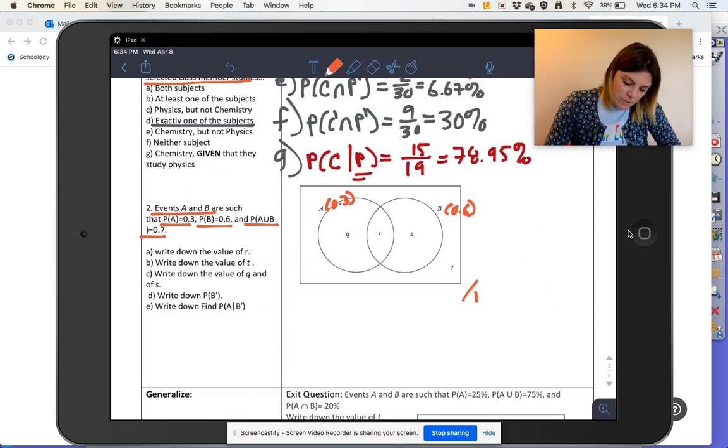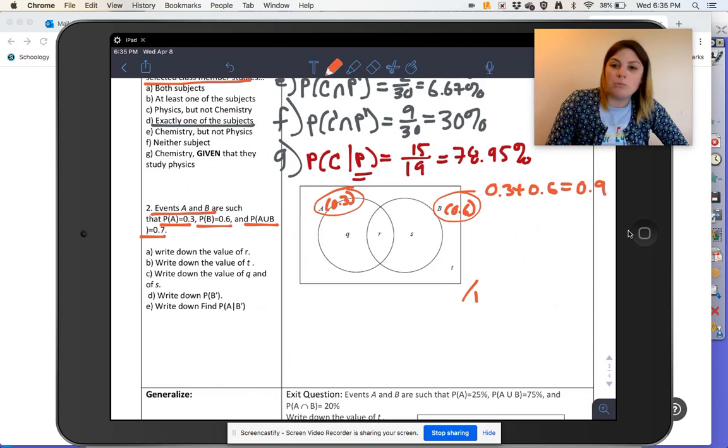Oops, this one's formatted a little weird, but it says the probability of A union B is 0.7. So that means everything in this whole area here is 0.7. Technically, these two should add up to 0.7, but they actually add up to 0.9.